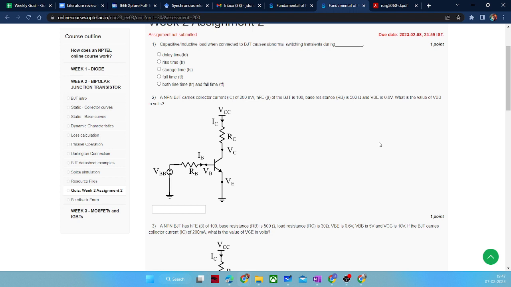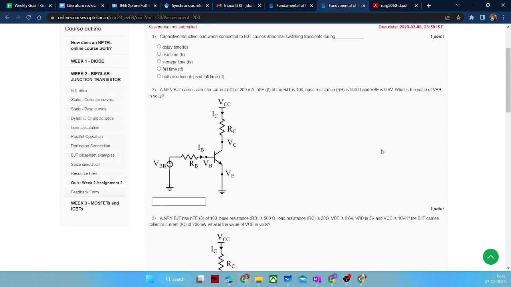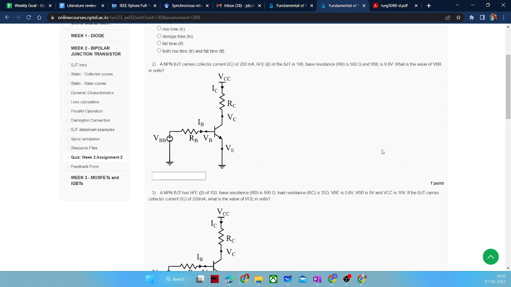So here two things are not there: RC is not there and VCE is not there. VCE 0.2 is not given in this question. Sir is telling that you can take it. That's clear, understood. If it is not given, we can consider it as 0.2.